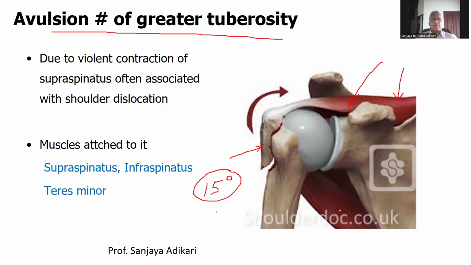Other than that, you also know the infraspinatus and the teres minor are attached to the greater tubercle at the back, and they are lateral rotators of the arm. So because of that, the medial rotators of the arm, like pec major, will medially rotate it.